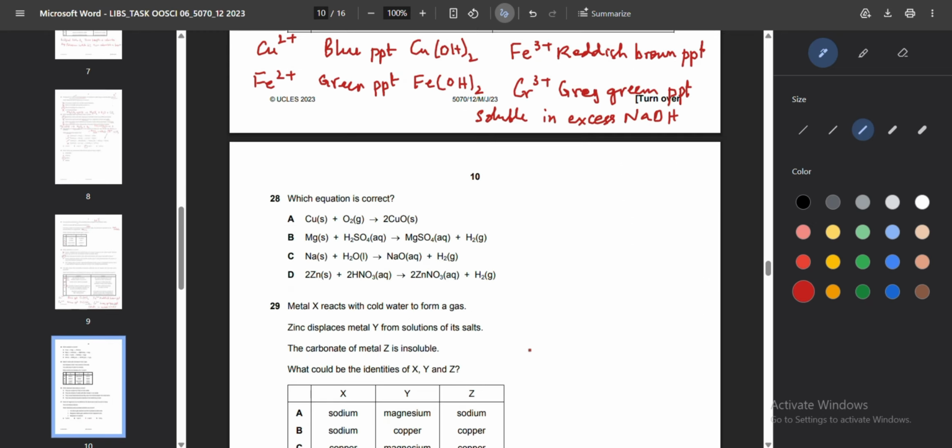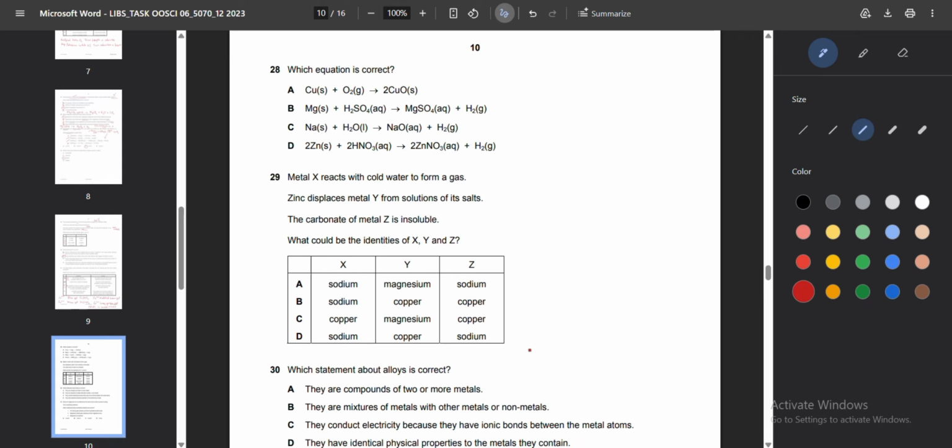So the next one is question number 28. Which equation is correct? For that we need to check the formulas as well as balancing. Equation A, copper plus O2. Again, the copper is not balanced. Option B is magnesium plus sulfuric acid, magnesium sulfate plus hydrogen gas is formed. Yes, this is the correct one.